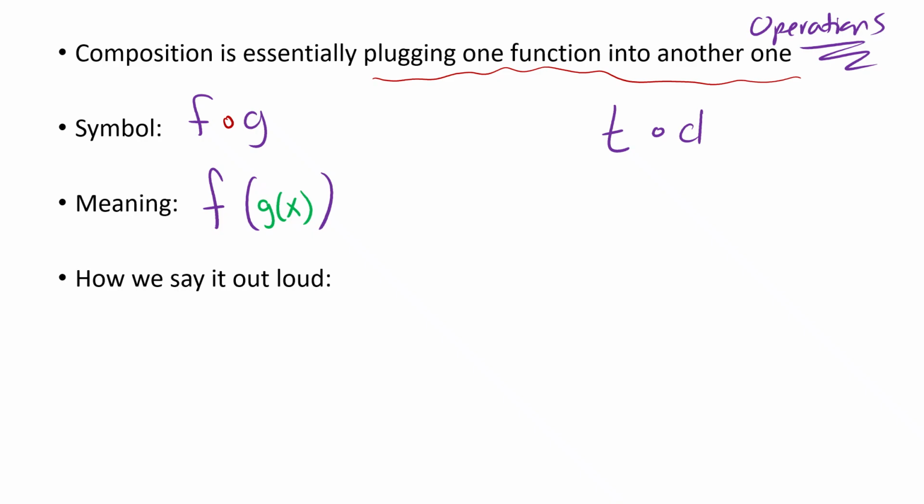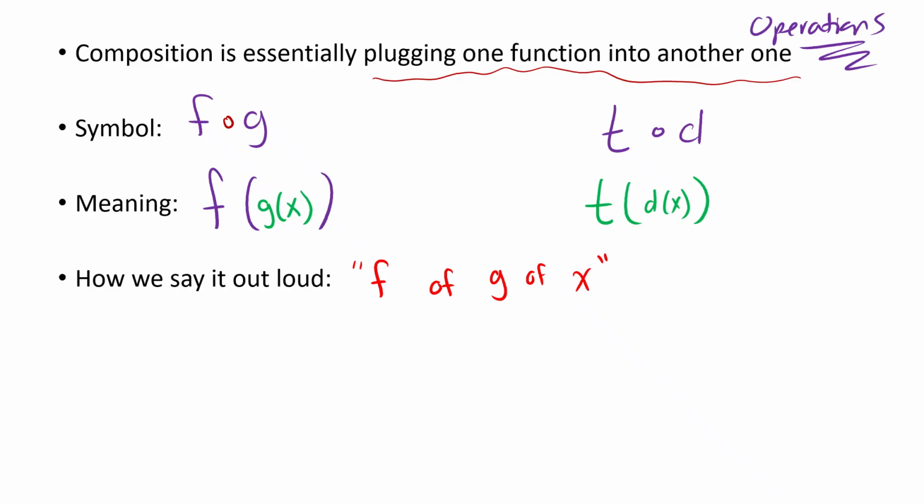So in our case, we had our tax function, and what we were plugging into the tax function was the discounted function. How do we say this out loud? Well, instead of saying f of x, we would say f of g of x. So a little bit cumbersome.